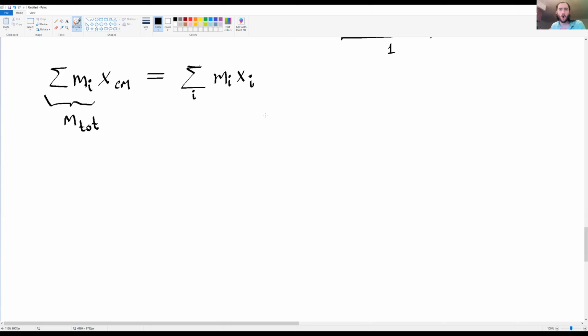Okay. So the total mass times the center of mass position of some complex object with some crazy distribution of mass.